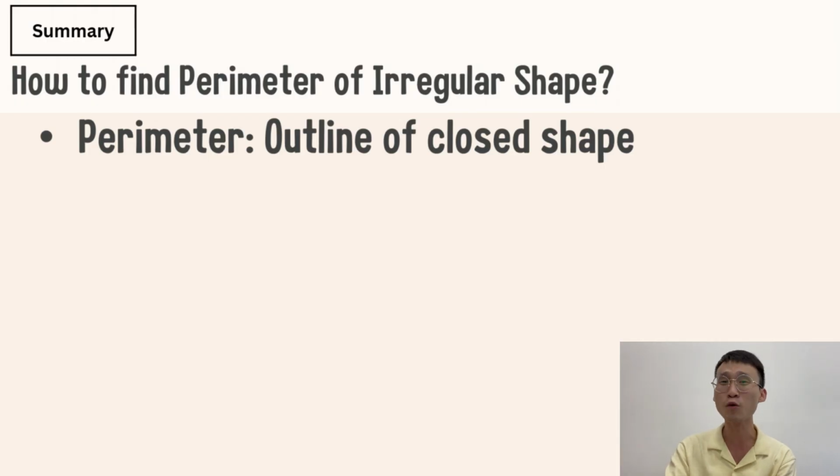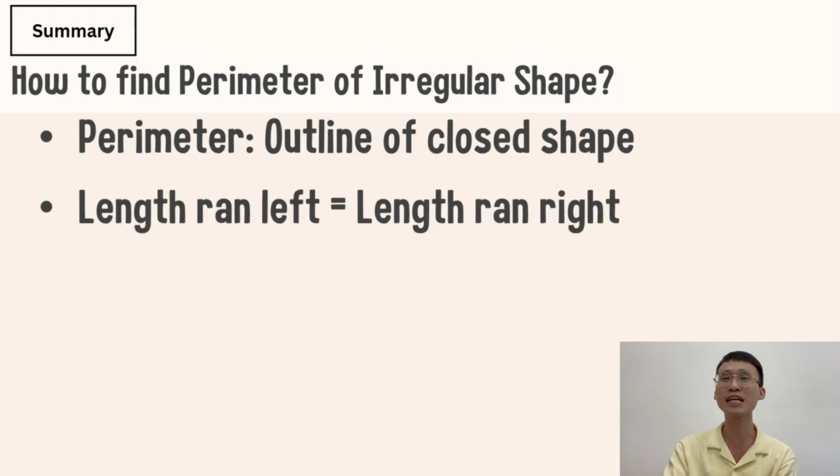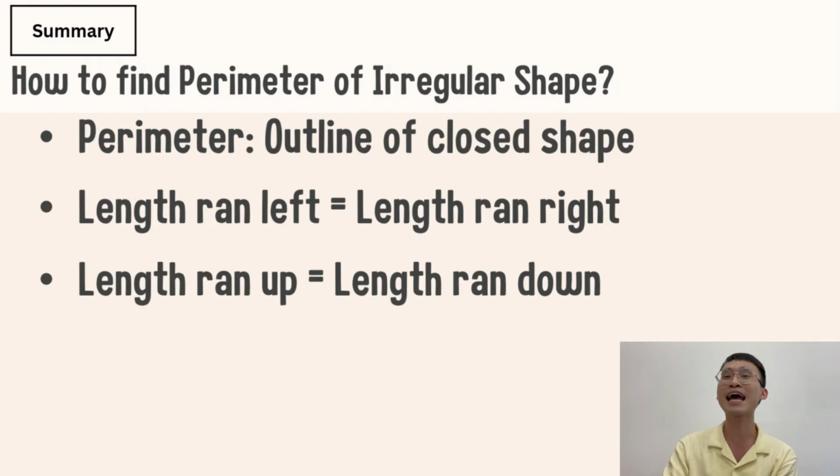Exactly, they are equal. And what is the relationship between the length that ran upwards and downwards? Again, they are equal as well. Finally, how can we then calculate the total length covered, which is the perimeter? Very good foundation. We can just take both the total horizontal and vertical run and sum them up together to get the perimeter.